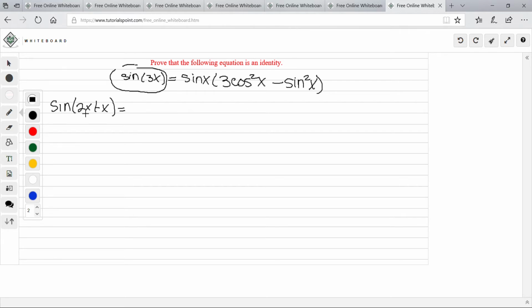So this sine of 2x, remember from the last section we went over the sine of a sum identity, so we can use that formula. We'll use the sine of a sum identity.